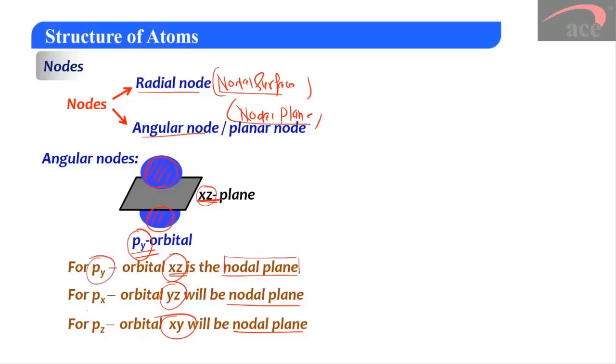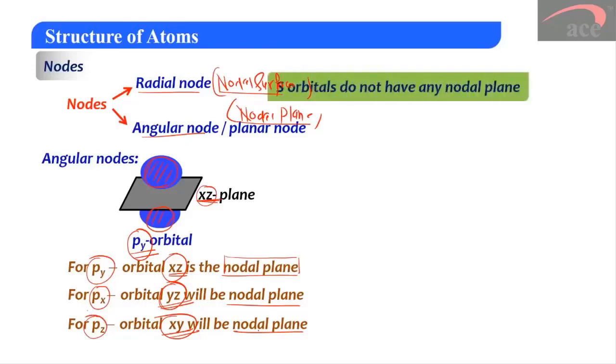If the nodal plane is yz, then the x axis is not mentioned, so the orbital or electron density will be along x. Similarly, in case of xy, the z is not mentioned, so the orbital will be pz.